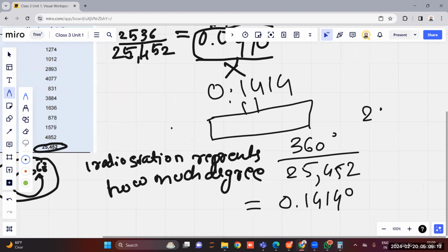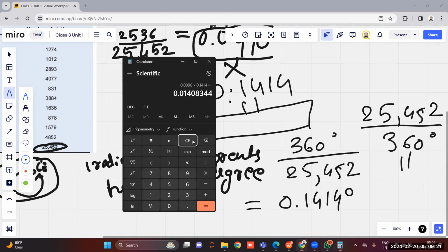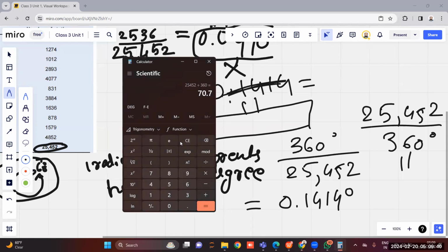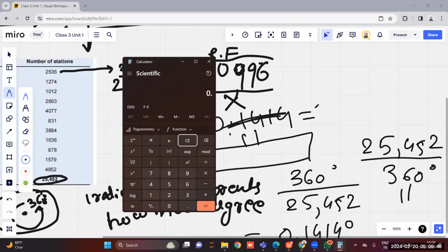We have to find the degrees, so we'll divide 25,452 by 360, which is near about 70, so we'll multiply by 70 degrees. 0.996 into 70 gives us 69.70.